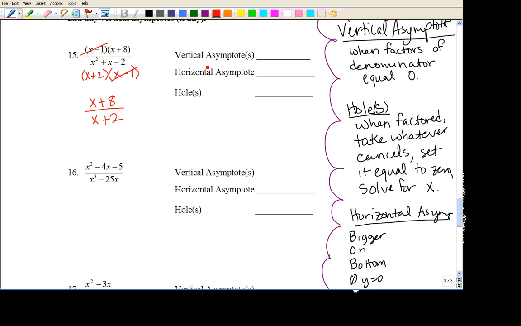Okay, so for the vertical asymptotes, remember that's when we look at the denominator and set it equal to 0. And you may wonder, which one do I look at? Well, you look at the one that is the new denominator. So for vertical asymptotes, you're looking at the new denominator.